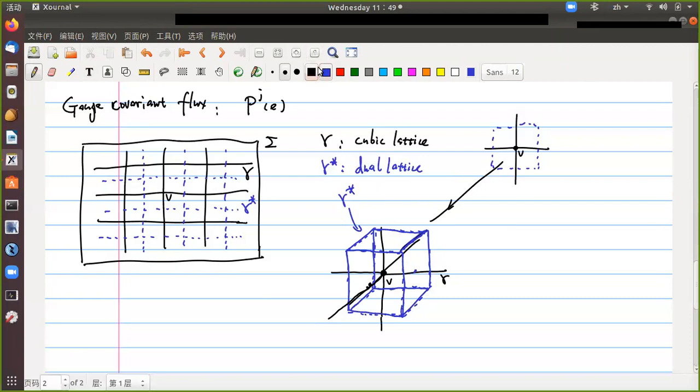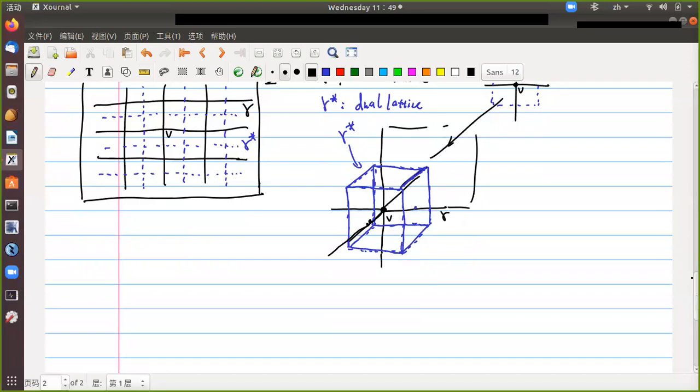I can't draw the entire face, but if I draw it, I get the entire plaquette of the face, and this face is two-dimensional, and it is dual to a one-dimensional edge in the dual lattice. That's the reason we call them dual: zero-dimension is dual to three-dimension, two-dimension is dual to one-dimension, and one-dimension is dual to two-dimension. So here is some basic understanding of this duality.